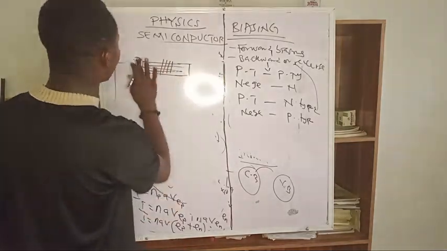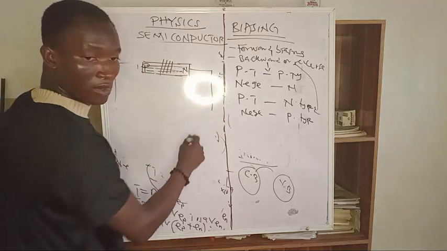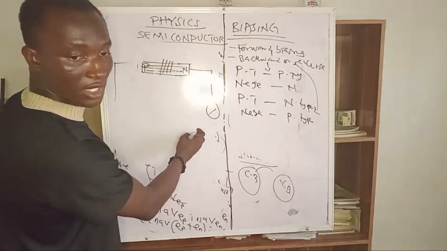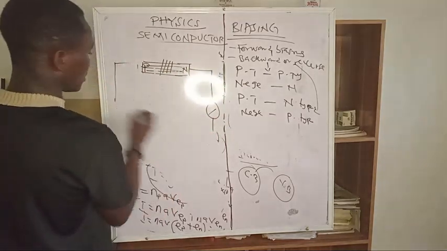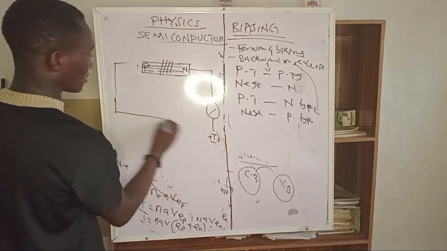Let's put it inside a box, P and N, and let's have a source voltage in that place, positive, because this is a forward bias.